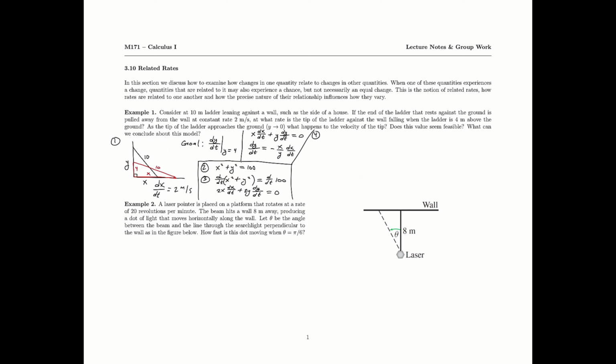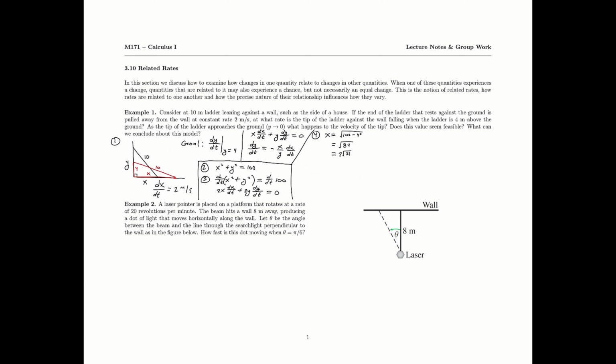This time we're just going to solve for x when y is equal to 4. So, in this case, x is the square root of 100 minus 4 squared, which is 16. So x is going to be the square root of 84, which, if we do this all correctly, we should get x is equal to 2 square roots of 21.